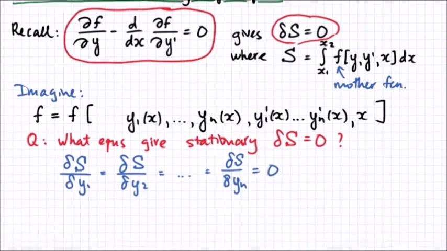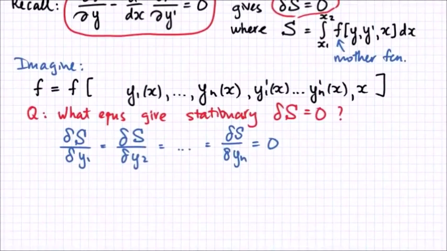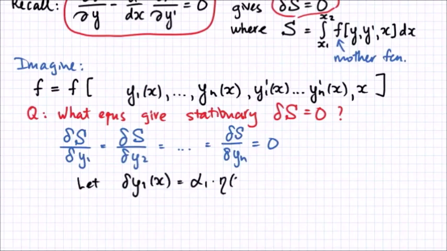Proceeding very much like we did in the one-dimensional case, let us write variations for each individual function in terms of a number alpha 1 and eta 1 of x, where eta 1 is an arbitrary function which passes through the bounds, so it vanishes at x1 and x2.